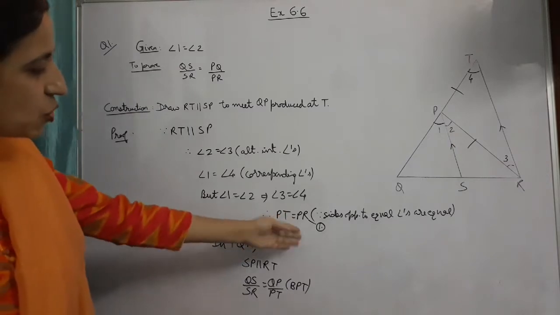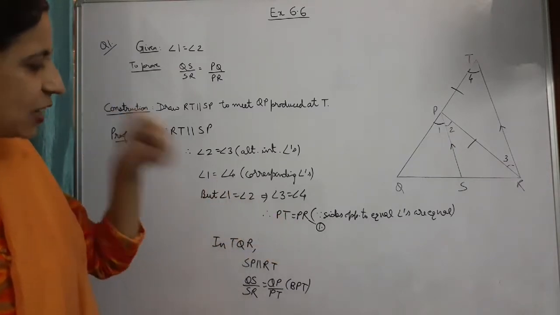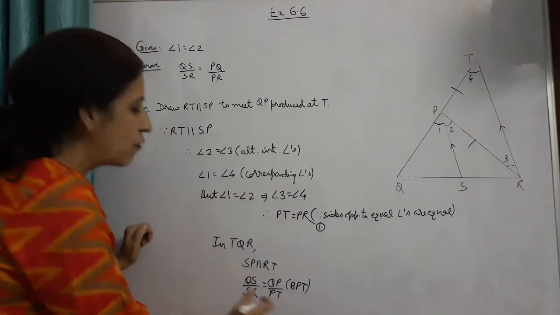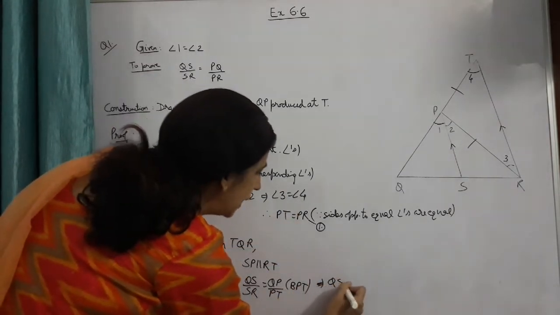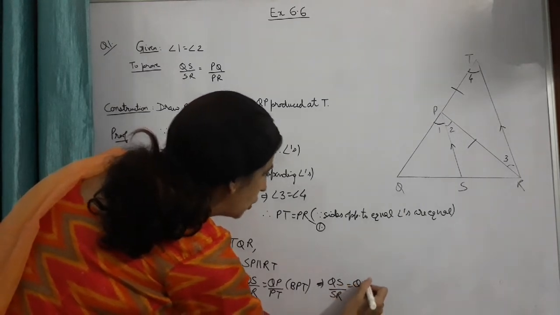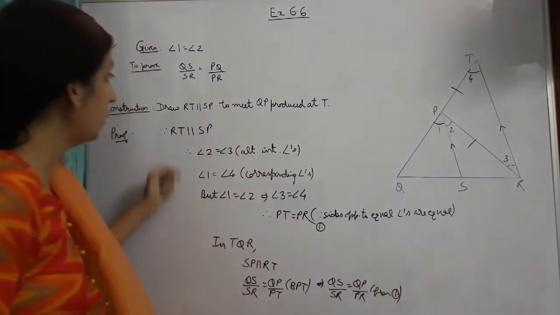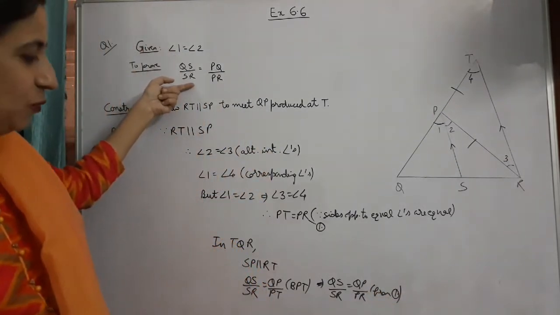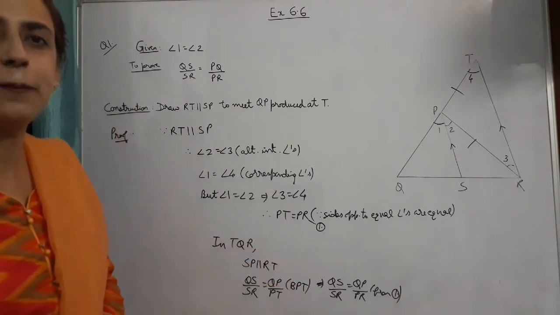But from equation 1, what is PT equal to? We have already proved that PT is equal to PR. So in place of PT, we write down PR. So we obtain QS upon SR is equal to QP upon PR from equation 1. And this is what we had to prove. QS by SR is equal to PQ by PR.